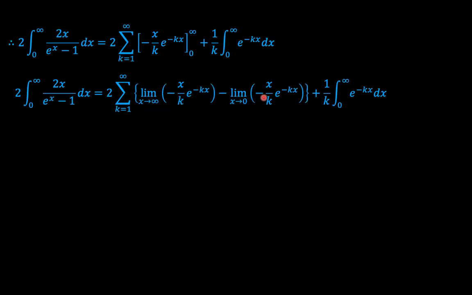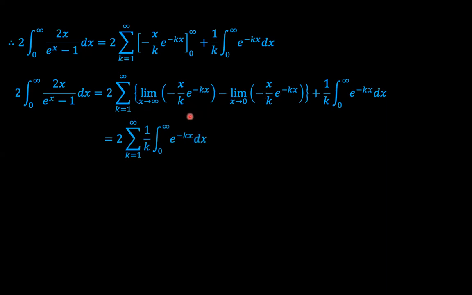And then as x tends to 0, 0 times some other term, to be precise 1 over k, means that the entire term goes to 0.